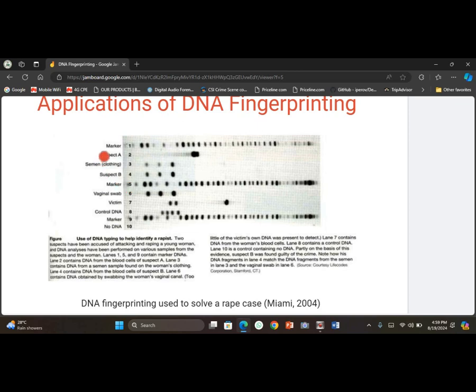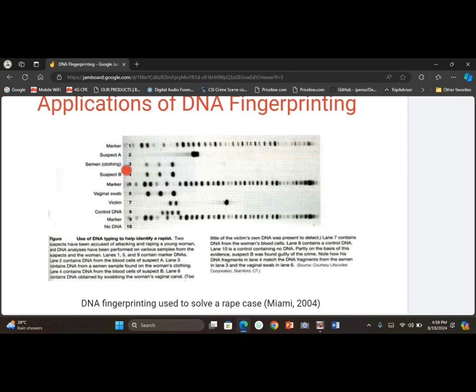Then we work on all these samples, and at the end of everything, this is what we are able to get from suspect A. Now, this is a look at it. This is from the vaginal swab. This is the pattern that we have.